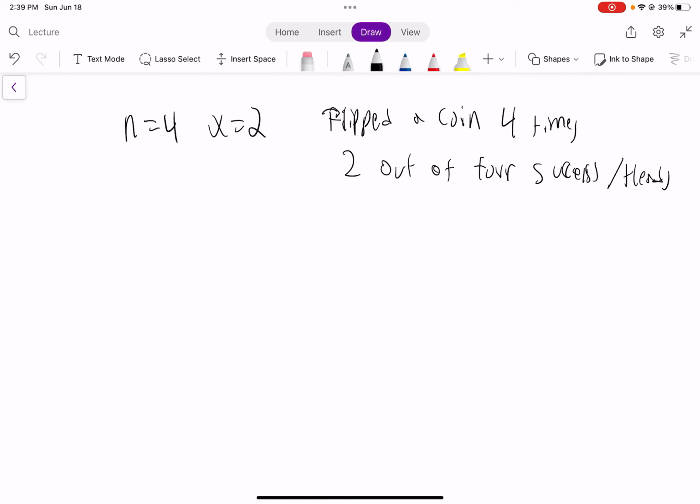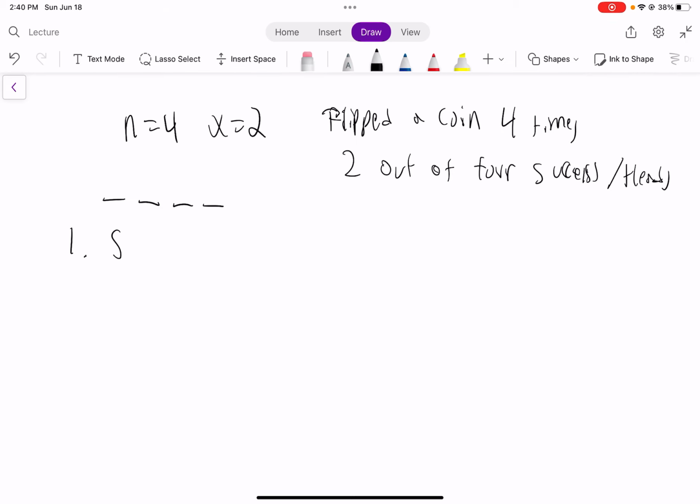So what are the positions? This is a counting problem, right? So we know that there's 4 trials. There's 4 slots. And let's denote the successes as S and the failures as F. So what are all the possible permutations of 2 successes and 2 failures? Let me show you guys.